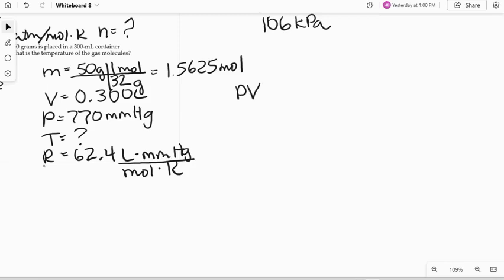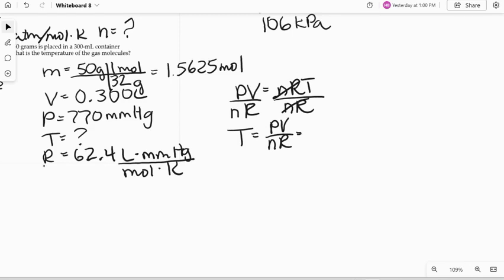So PV equals nRT. We're going to solve for T. We'll divide by N and R to solve for T. These cancel, so T is equal to PV over NR.